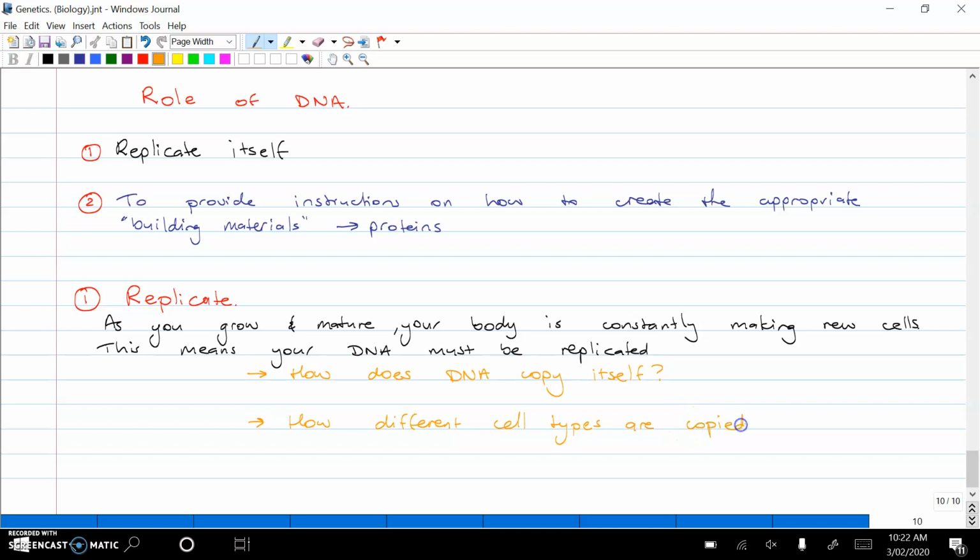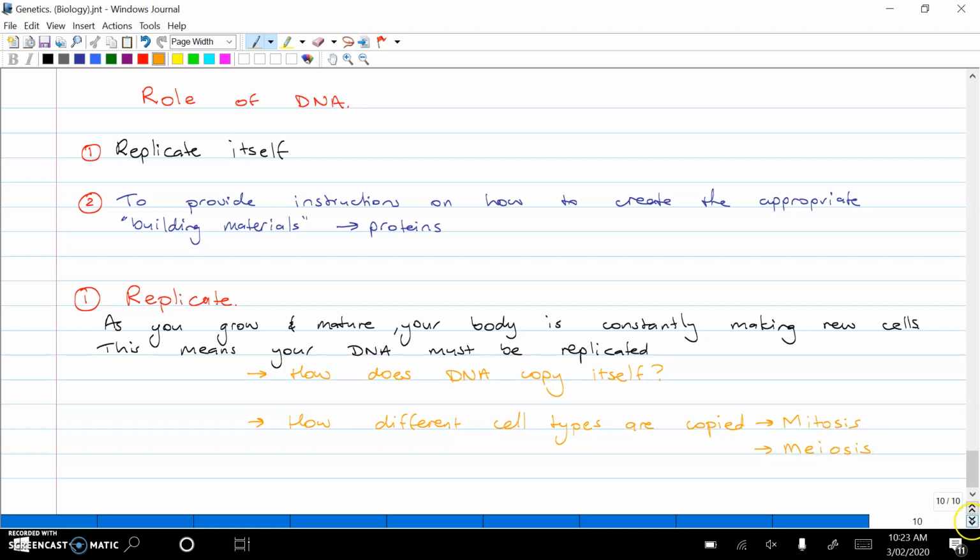Now don't think, oh goodness, are we going to have a look at how muscle and nerve and heart and every other type of cell divides? No. There are two very broad categories. So we're going to have a look at a process called mitosis, and we'll have a look at a process called meiosis. We'll get to them in a sec.